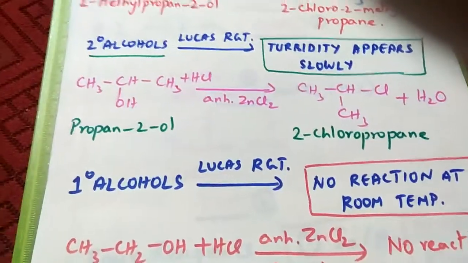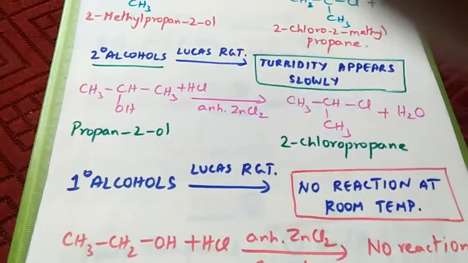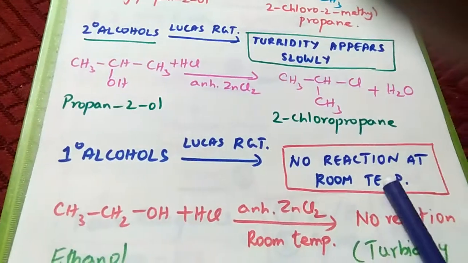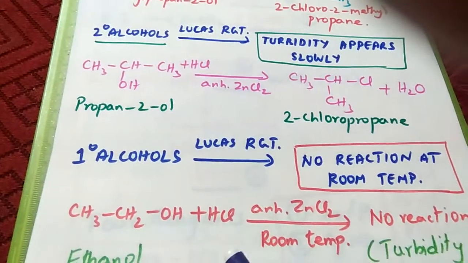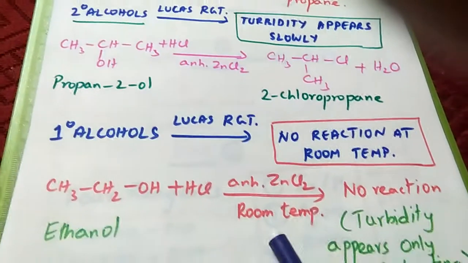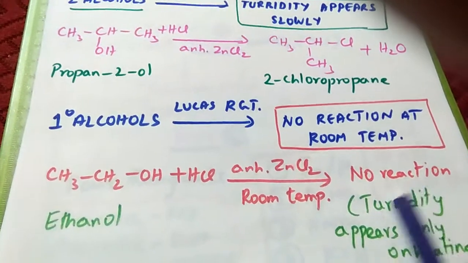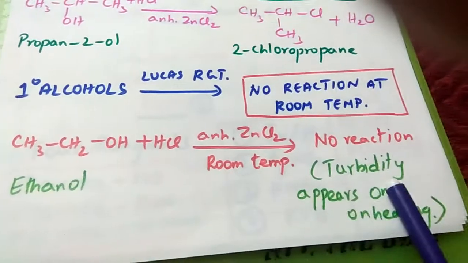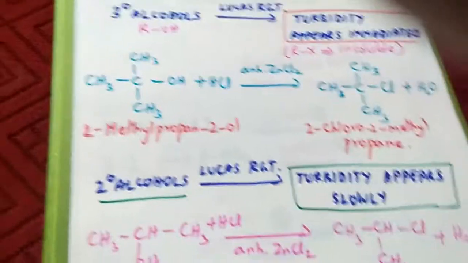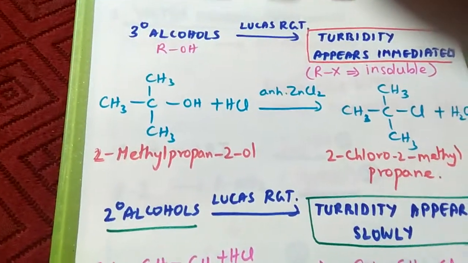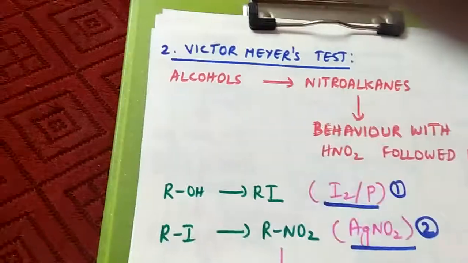Primary alcohol shows no reaction at room temperature, but when you heat it, the turbidity will appear. So this is the method of distinction between primary, secondary and tertiary alcohol, that is Lucas method.